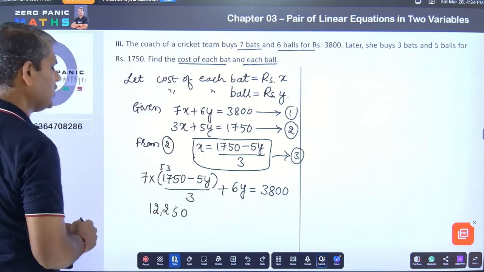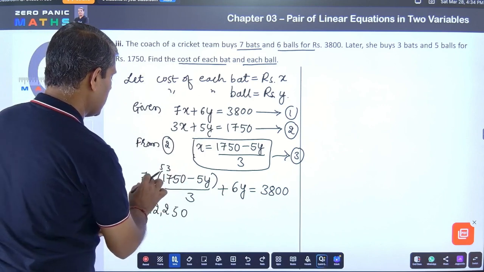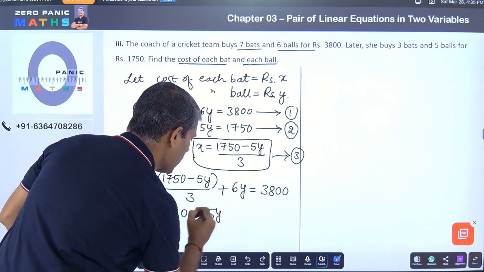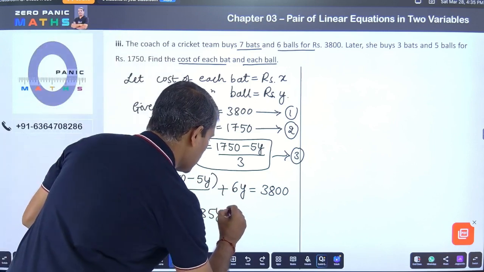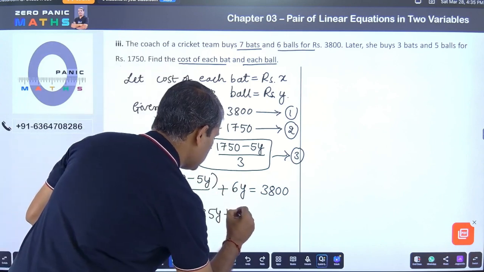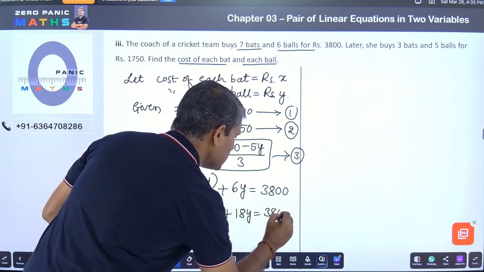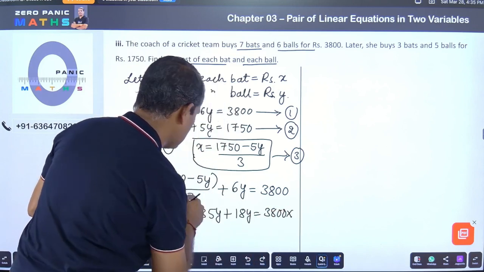So it is 12,250. First multiplication. 7 5s are 35, so 35y. And then cross multiplication of this will give me 18y.